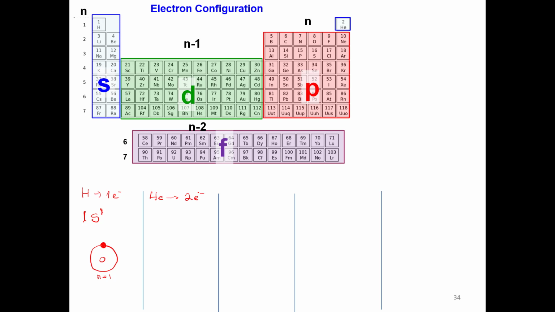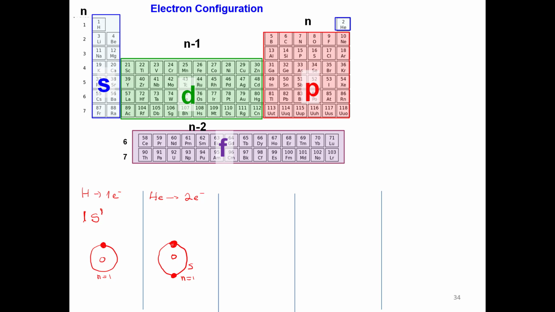Now, let's write first the diagram. Here is the orbital. This is n equal 1. This is the s. s can hold maximum 2 electrons. That's 1, 2. Yes, 2.